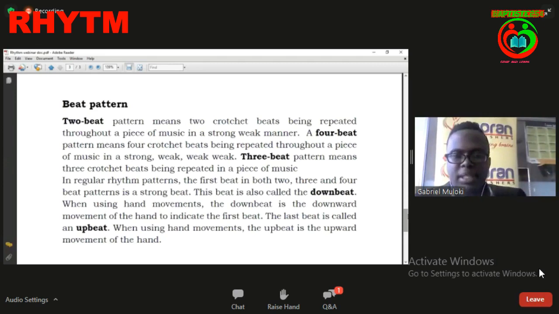Let me see if I can play a song in 2/4 and you can easily identify how these beat patterns drive the music. So a minute, I share an audio.